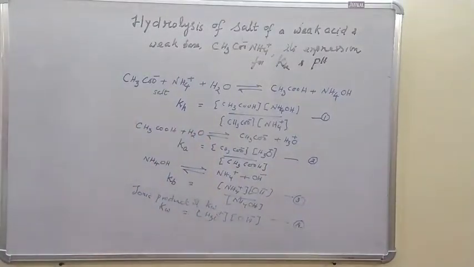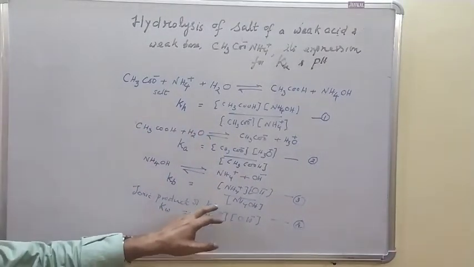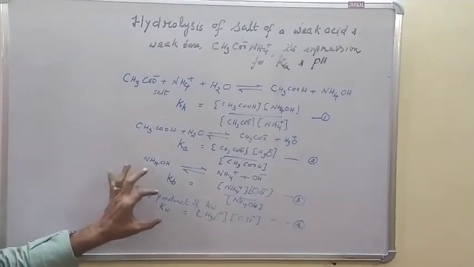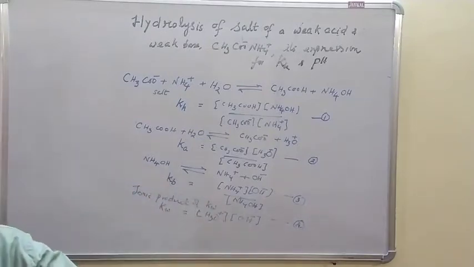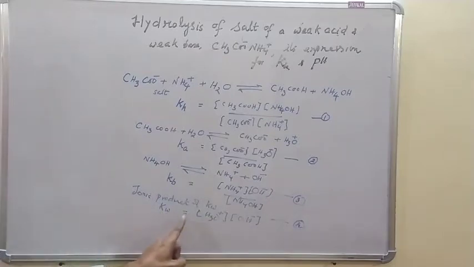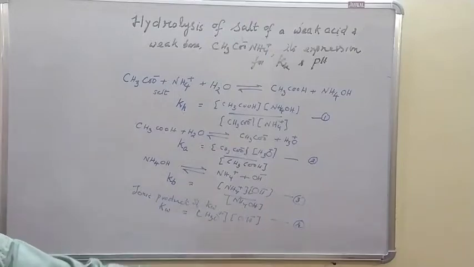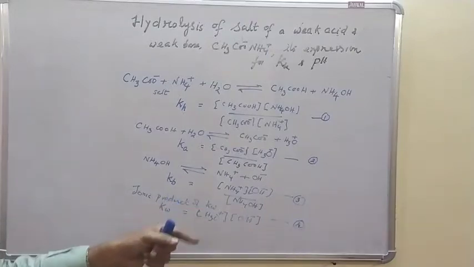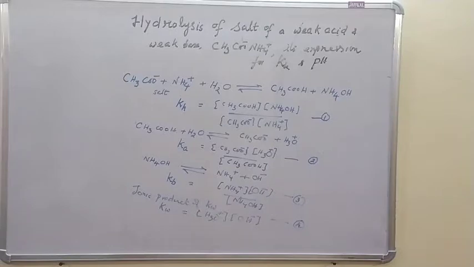In the case of an aqueous system, there is always a common equilibrium, that is, H2O reversibly gives H3O plus plus OH minus, and we have KW, that is H3O plus into OH minus, which is equation 4. Then divide equation 4 by equation 2 into 3.